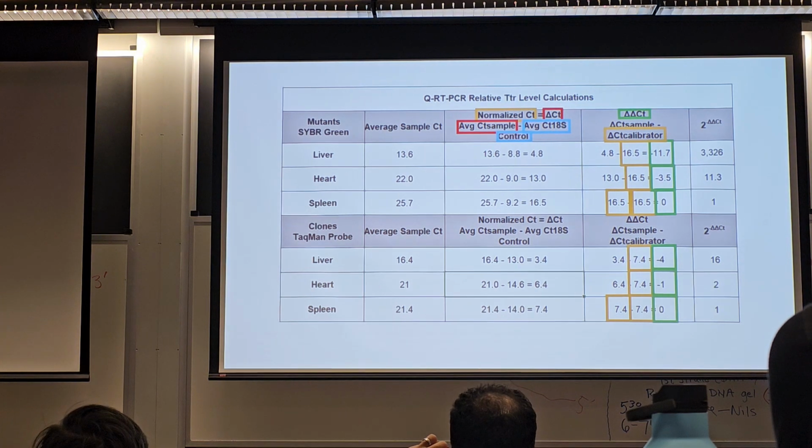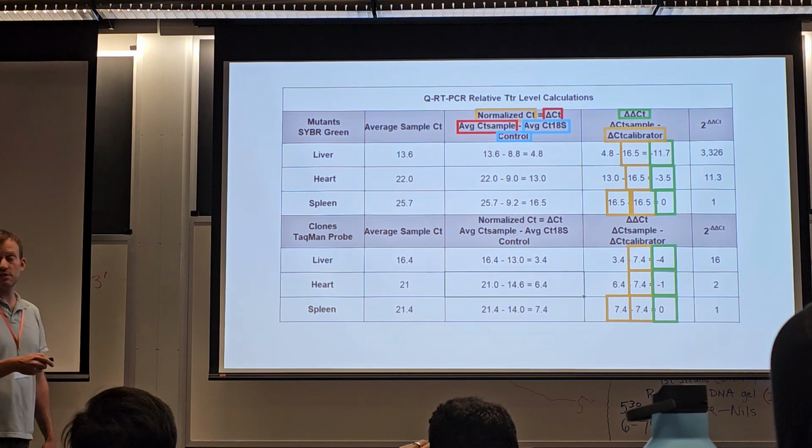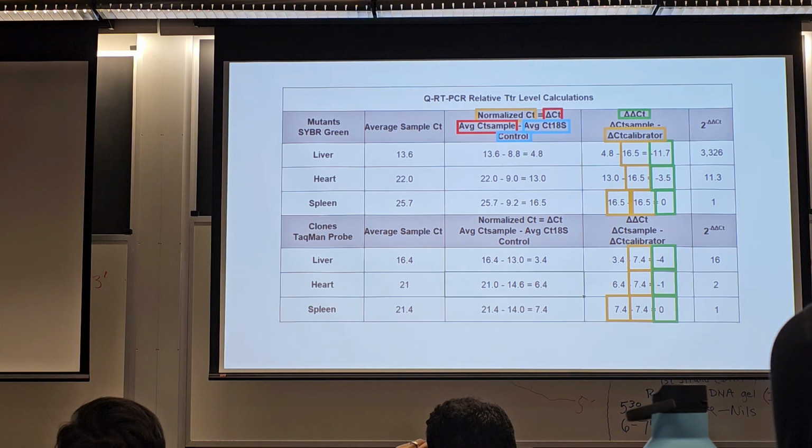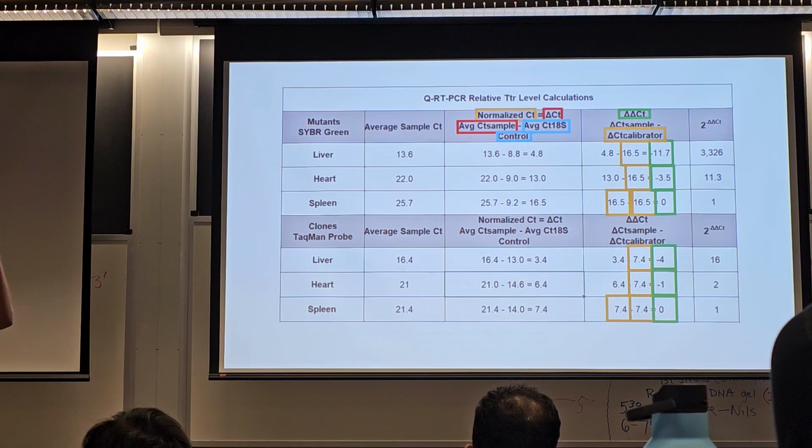What is the object of this? We have calibrated in the first place, and now we are calibrating against one of the samples. In the first place, we calibrated against the housekeeping gene. Here, the object is to figure out what fold expression change we have in 2 of our samples versus a 3rd.